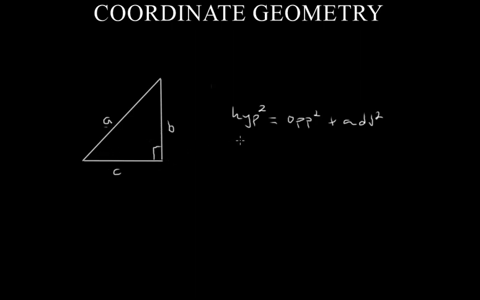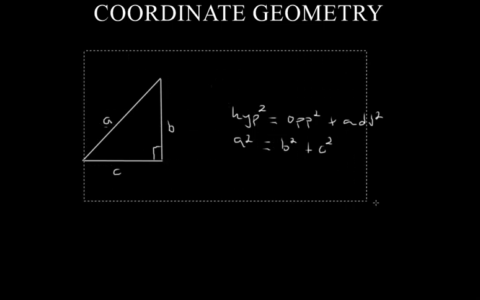And so we'd have a squared equals b squared plus c squared. Are we together there? I really hope so. So now let's apply this knowledge that we have built on from grade 8 and grade 9 in coordinate geometry at grade 12, or rather senior secondary level.